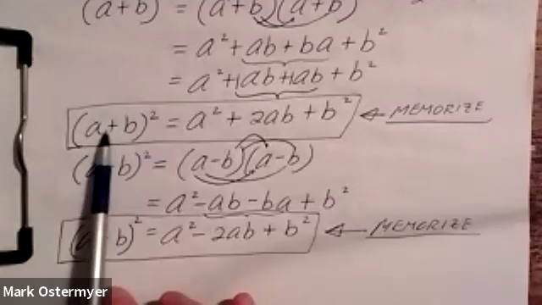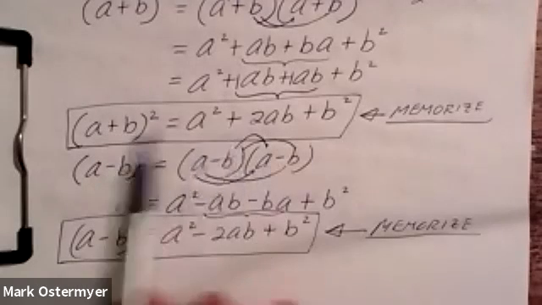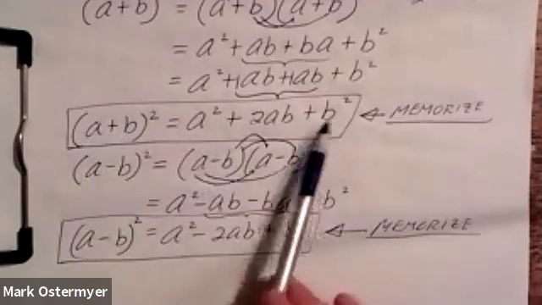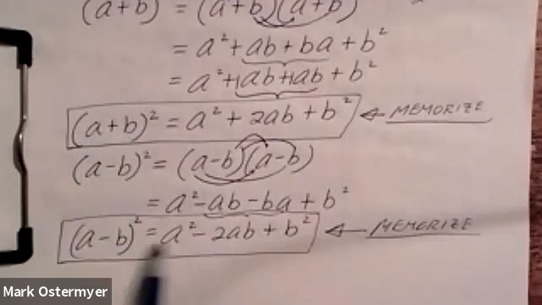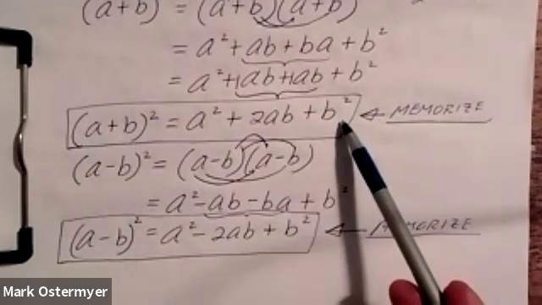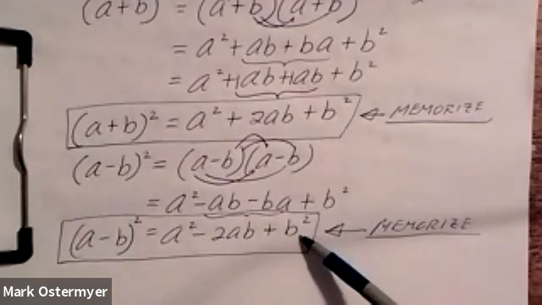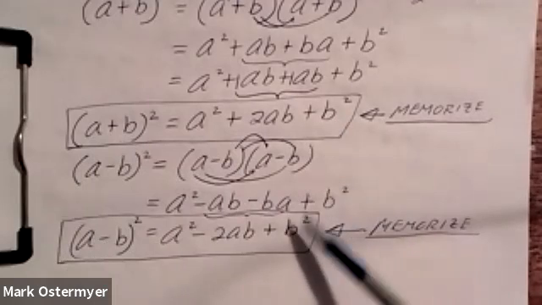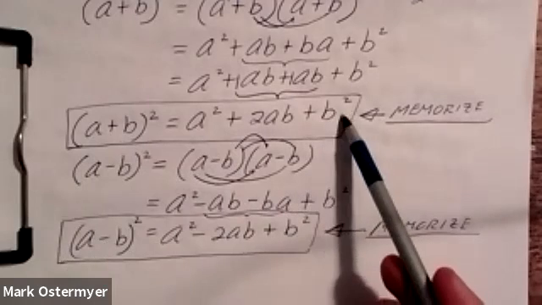This instructs us how we are to square a binomial where we have the sum of terms. And this is to instruct us how we square a binomial where we have the difference between terms. Notice these patterns are pretty much identical to each other. What's the only difference between these patterns here, these products?